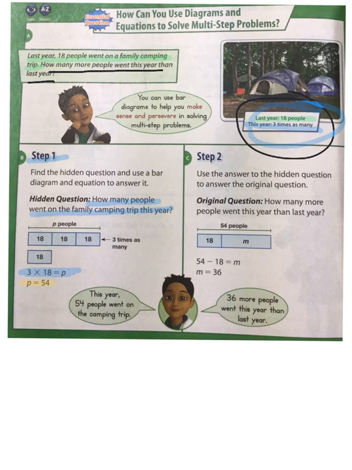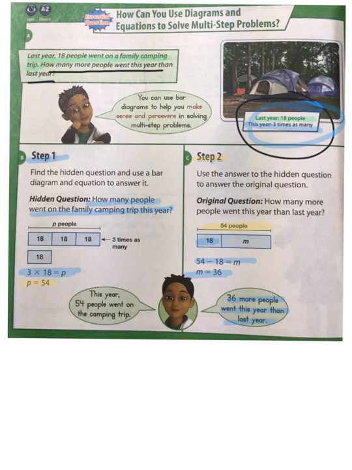Then, in step 2, we need to take the people that went this year, which were 54 people, and subtract the people who went last year, which were 18. And if we take 54 minus 18, we get a total of 36 more people went this year than last year.